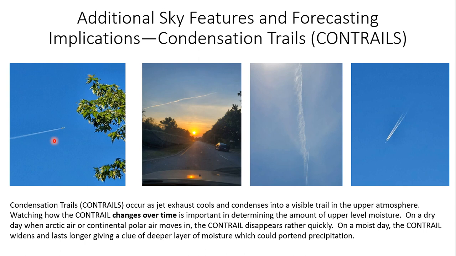But if they last longer periods of time and they widen, that indicates a more moist upper atmosphere. Here's an example in this third picture. This shows you a contrail that's lasting longer, and notice the shape, how it's wider. This contrail is wider than, let's say, this one, or even this one in the second picture.